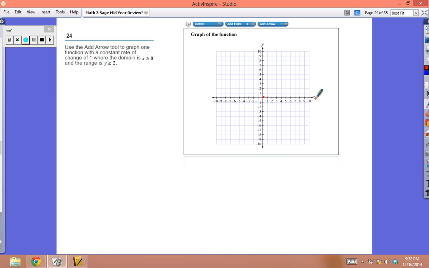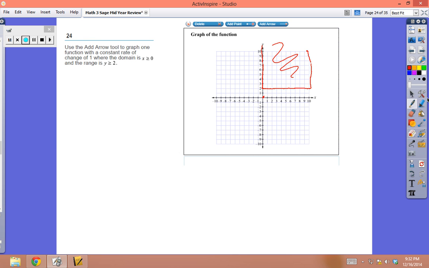So from here on, and the range, anything greater than 2. So they're creating a window, and the window that they just created is right here. So in this region here, because y has to be anything bigger than or equal to 2, and x has to be anything greater than or equal to 0. So kind of quadrant 1.